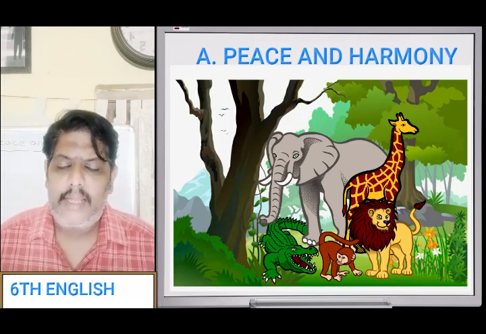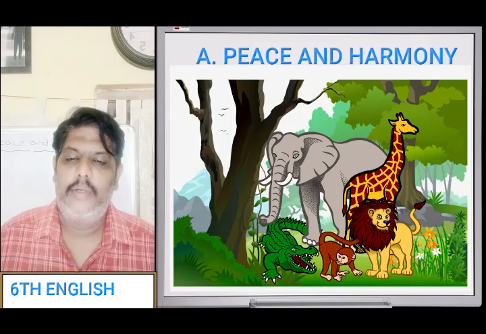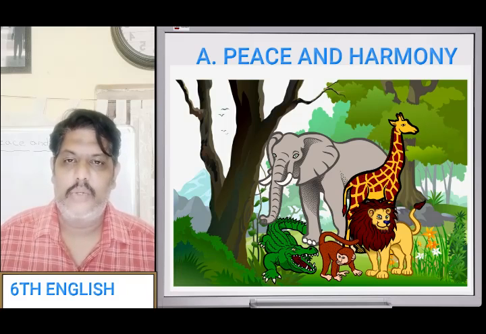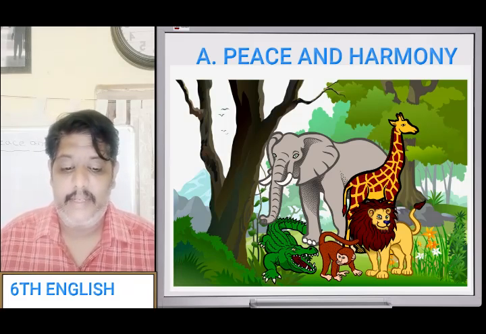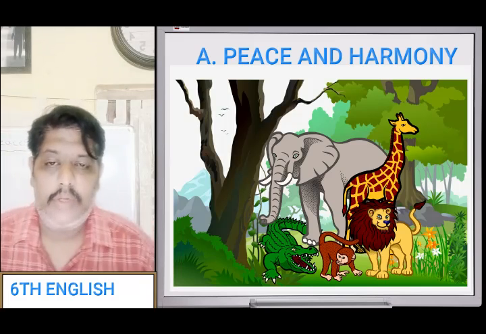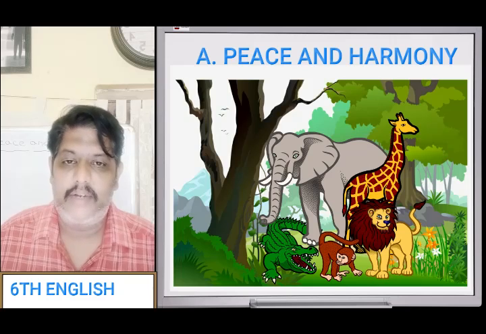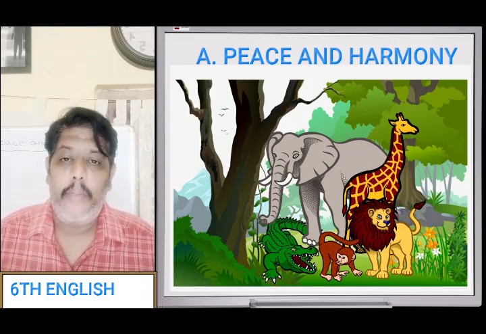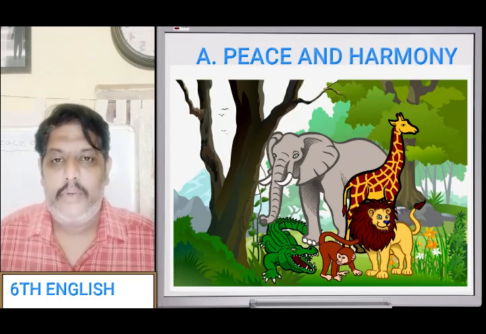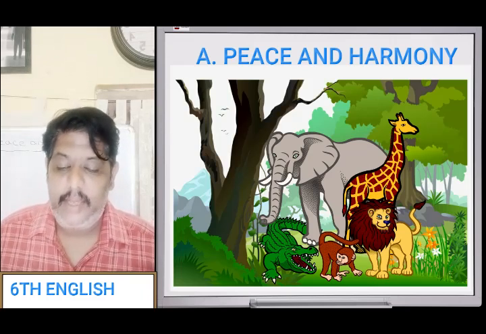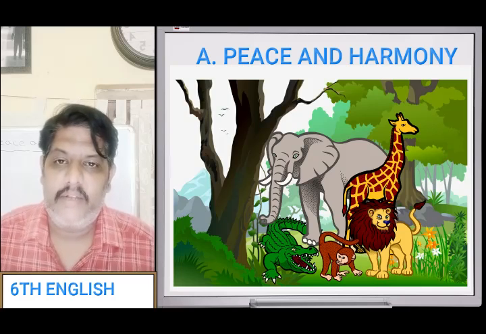So here the animals which are in the jungle also are together, and they are very, very friendly with each other. How do you know that they are friendly with each other? They roamed about the jungle. They went in the jungle. They played together, okay, in the open fields. They did not have any kind of fear.